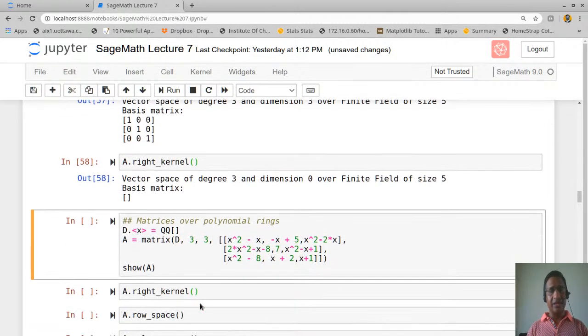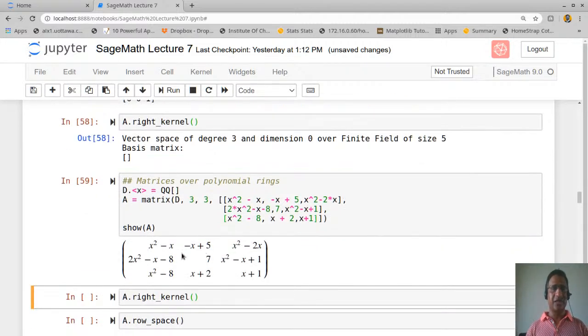Okay, similarly you can also define a matrix over a polynomial ring. Suppose you want to define a matrix over Q[x], set of all polynomials with coefficients coming from rational numbers. So let us say I'll call this D of x, x is a variable, and then how do I define a matrix? I'll take a matrix over the domain D and size 3 by 3, and then you mention the first row as a set of 3 polynomials, second row as a set of 3 polynomials, third row again a set of 3 polynomials, right?